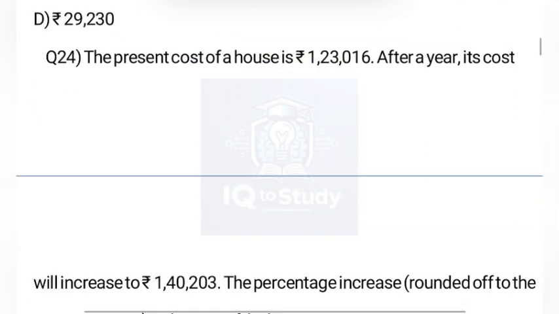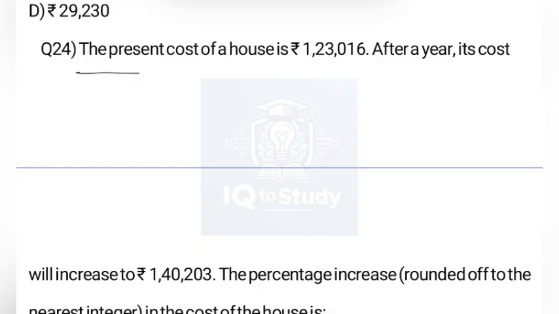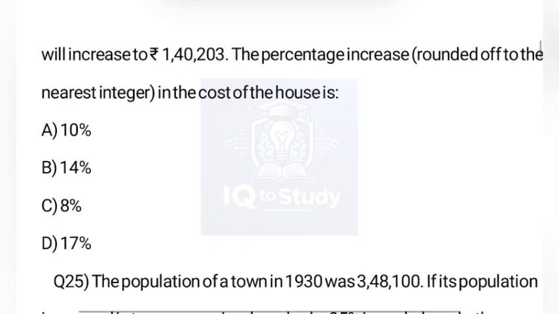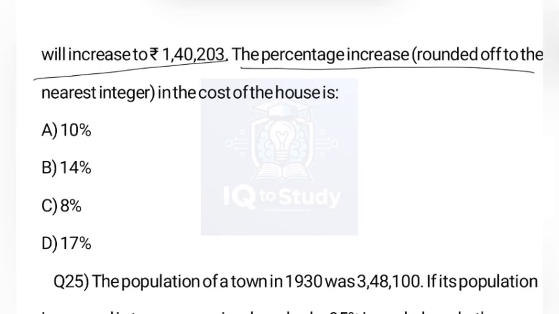The present cost of a house is 1,23,016 rupees. After a year, its cost will increase to 1,40,203 rupees. The percentage increase in the cost of the house is.